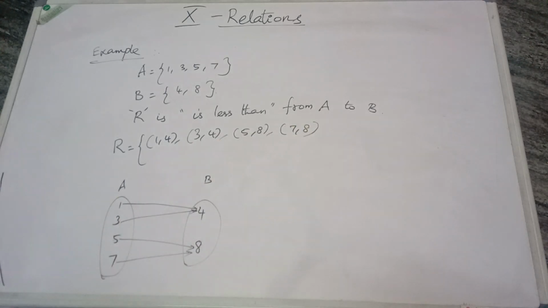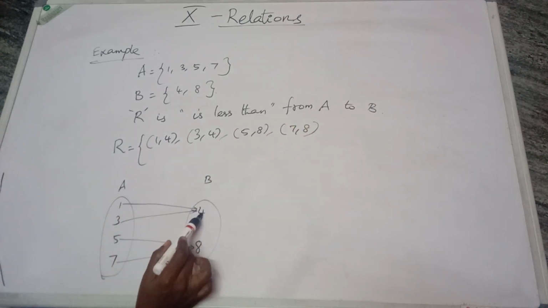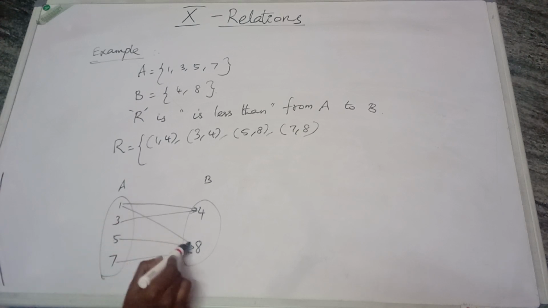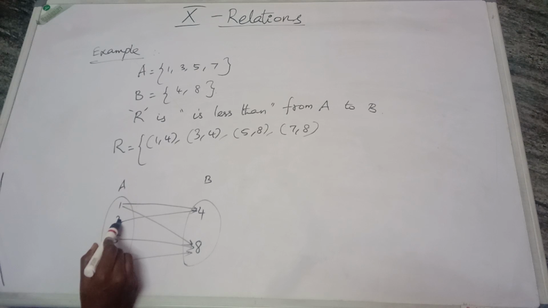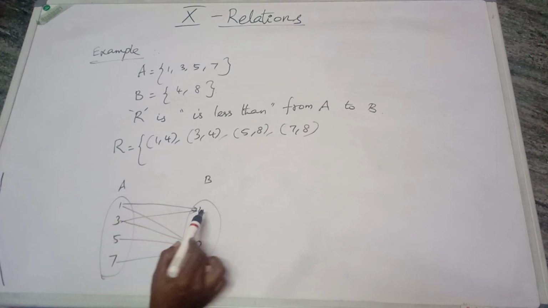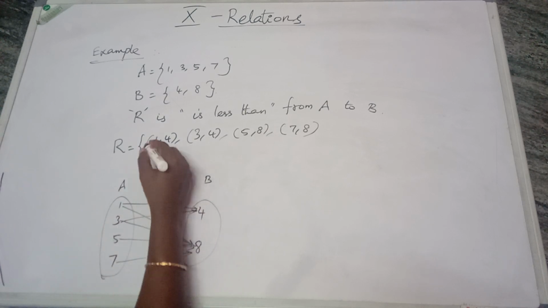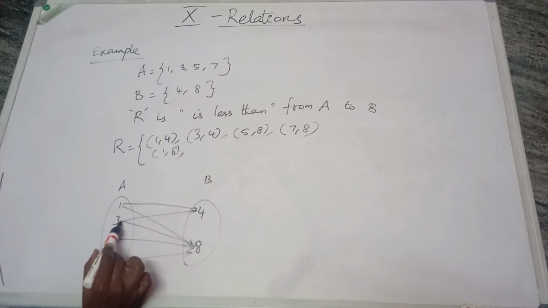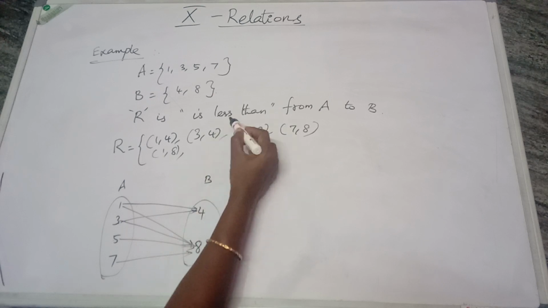Then one more: this 1 is related to 4, and the same 1 is related to 8 because 1 is also less than 8. Like the same, 3 is also less than 8. So we can write 1 is related to 4 as well as 1 is related to 8. So 1, 8. And 3 is related to 4 as well as 3 is related to 8 because 3 is less than 8. It satisfies this condition.